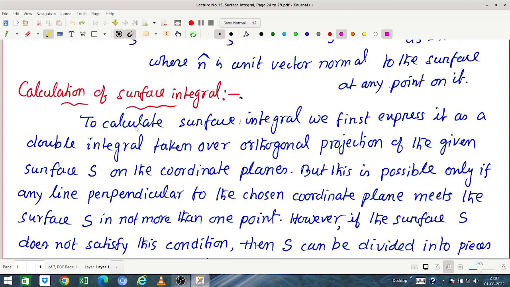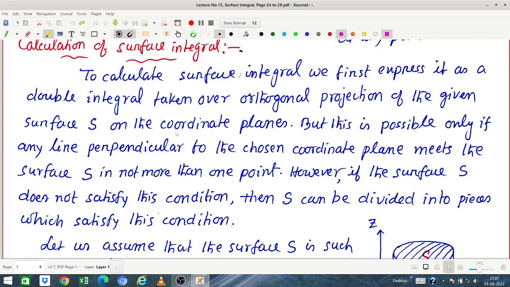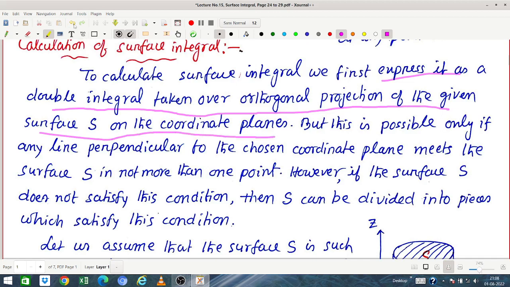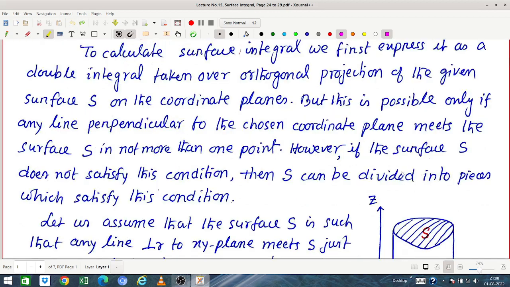Now, how to calculate surface integral? To evaluate a surface integral, we first express it as a double integral taken over the orthogonal projection of the given surface S on the coordinate planes. But this is possible only if any line perpendicular to the chosen coordinate plane meets the surface S in not more than one point.